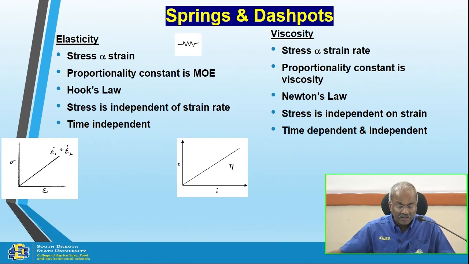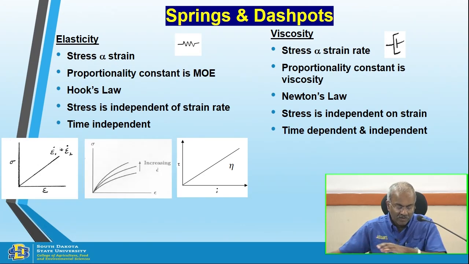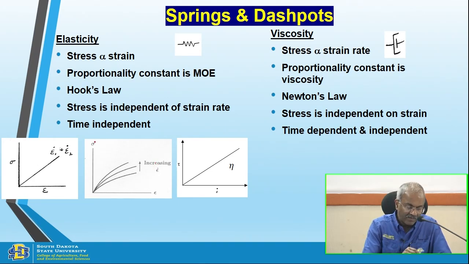When you combine these, this is the spring component, this is the dashpot component, which is viscoelasticity. Then when you study them as a function of shear stress and strain, as shear rate increases, strain rate increases. So with the increasing strain rate, you will have a different component of the stress over strain.